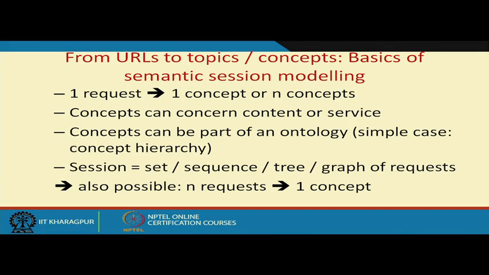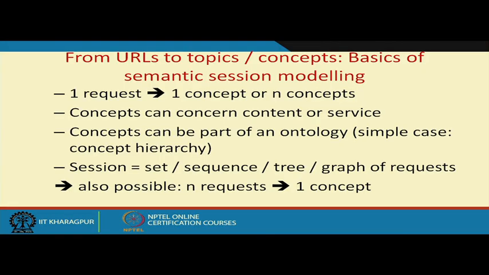These concepts can concern specific content or service. They can be part of a bigger ontology. An ontology is basically a concept hierarchy, showing how the concepts are linked with each other. A session can then be viewed as a set, a sequence, a tree or a graph of possible n requests, which ultimately leads to one concept.